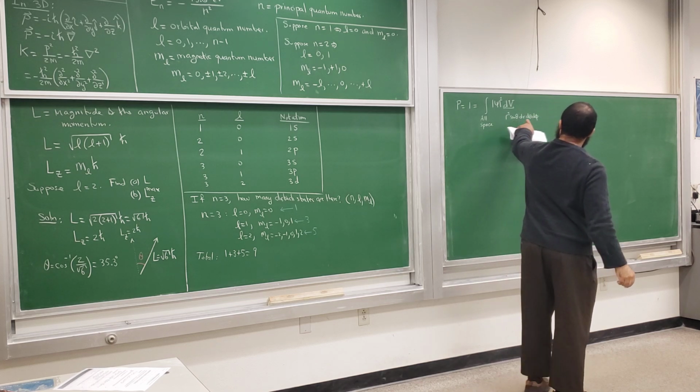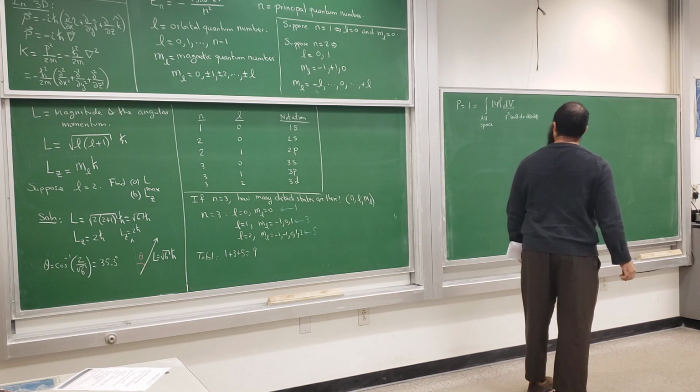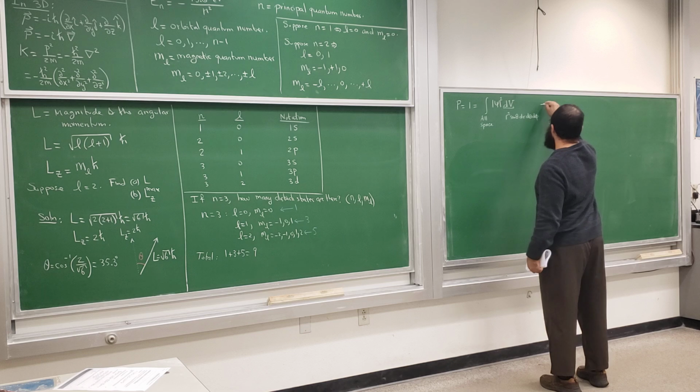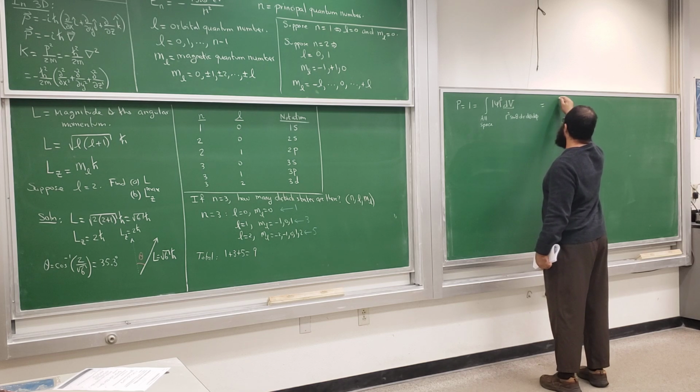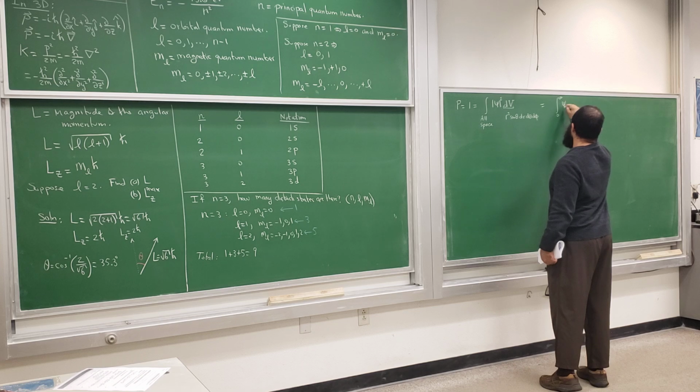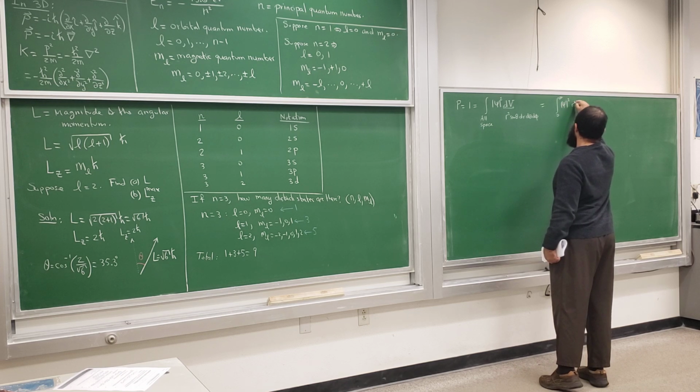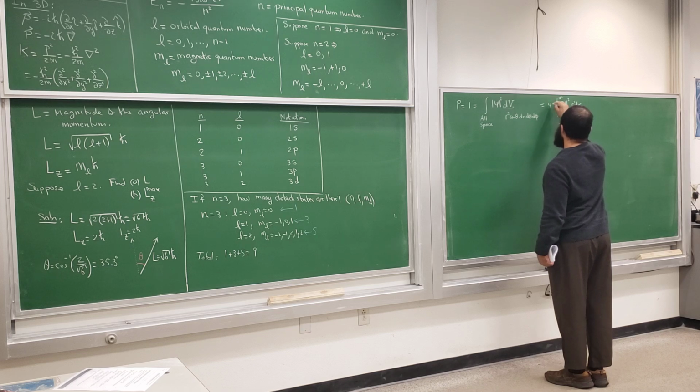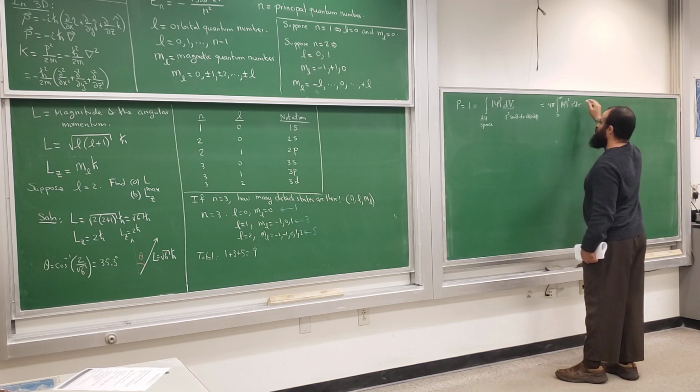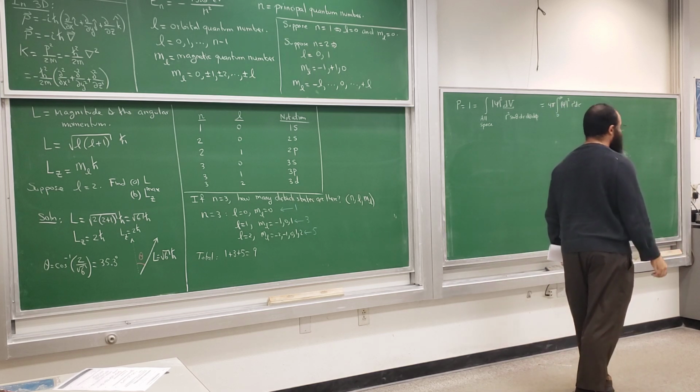So these sine theta d theta d phi will give you a 4 pi, and so your integral will become the integral from 0 to infinity of psi squared r squared dr times 4 pi. This needs to be 1 when you integrate all over the space.